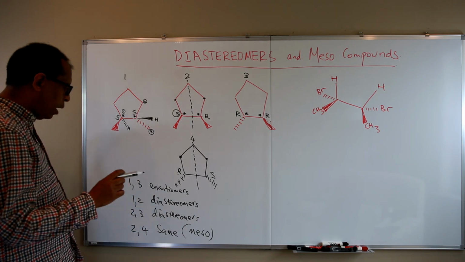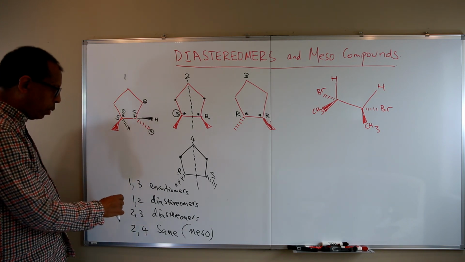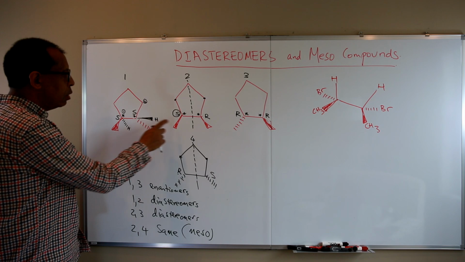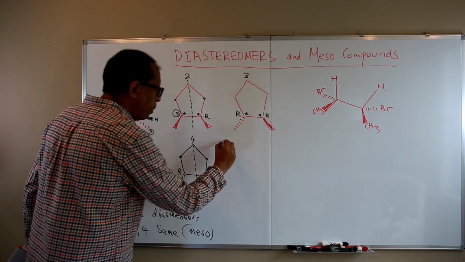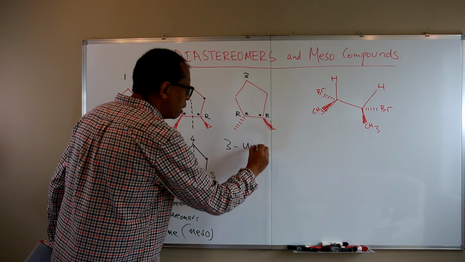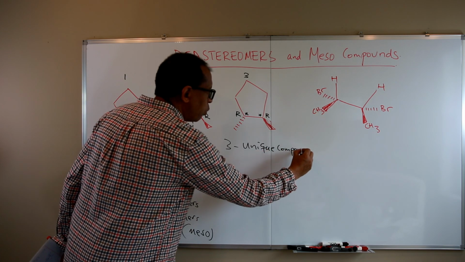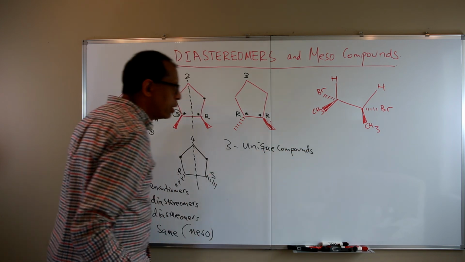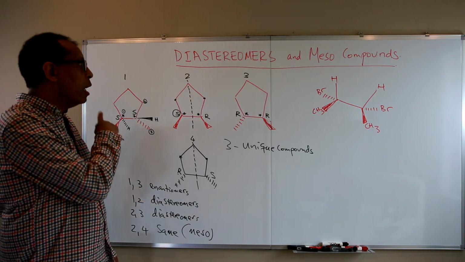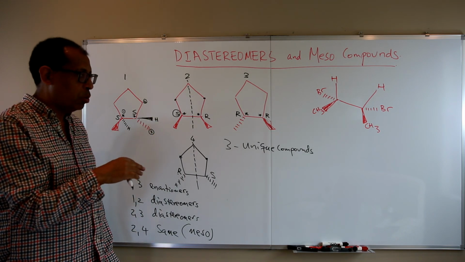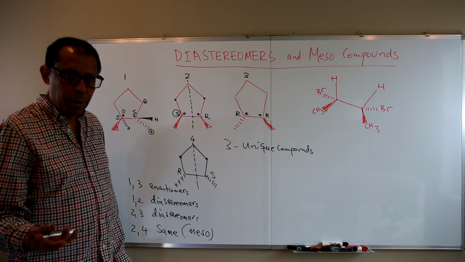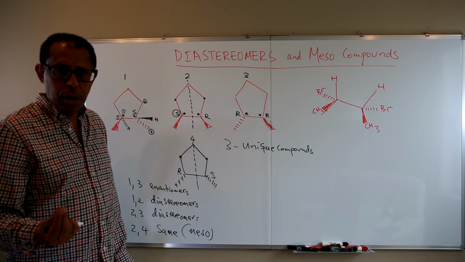So we have how many unique compounds? We have only 3 unique compounds. That's why in the definition of diastereomeric compounds, if you have 2 chiral centers, you would have a maximum or possible of 4 different compounds.